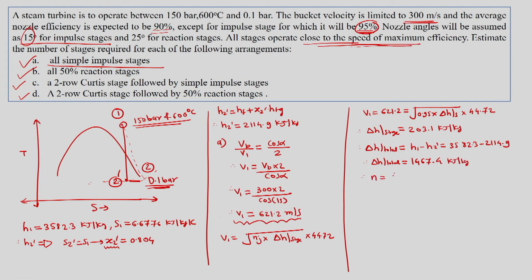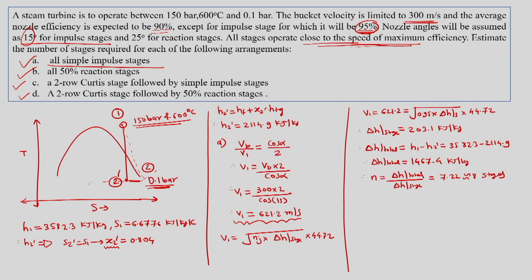The number of stages is equal to delta H total divided by delta H stage, which gives 7.22. So we have around 8 stages for the impulse turbine.